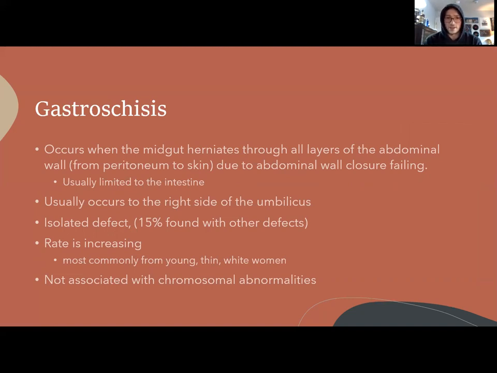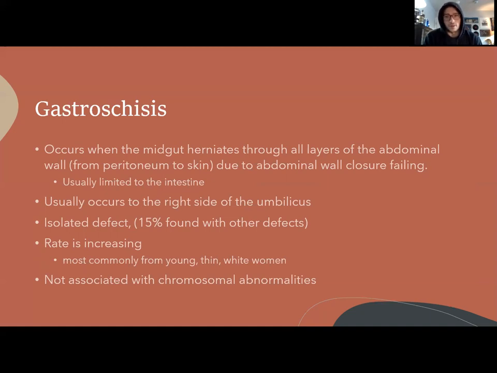It's an isolated defect. So unlike omphalocele, which we saw was associated with other neural tube defects and cardiac abnormalities, gastroschisis is going to be isolated and only associated with other defects about 15% of the time. The rate of gastroschisis is increasing.